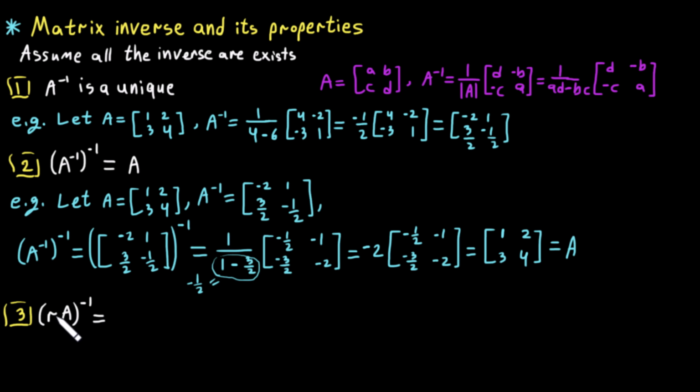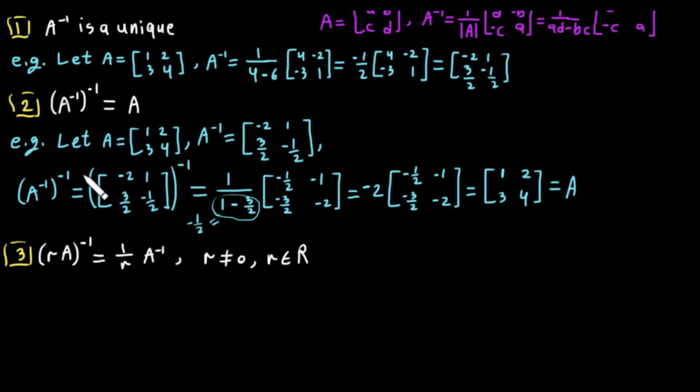R is a scalar, so any number, I mean, not a matrix, a number. So you will get 1 over R times A inverse. So A inverse will go here. R not equal to 0. R belongs to the real numbers.